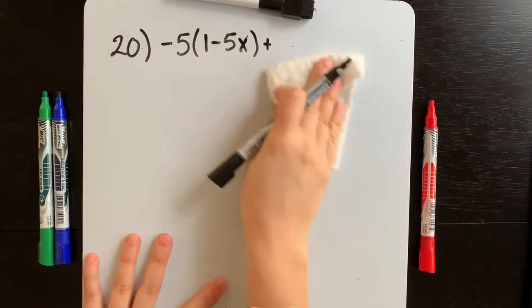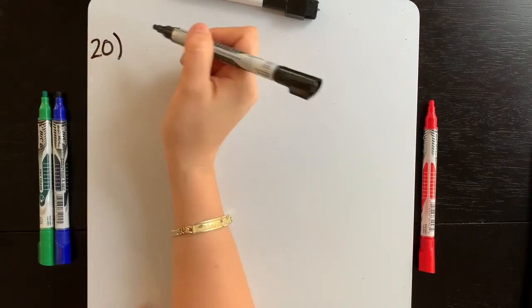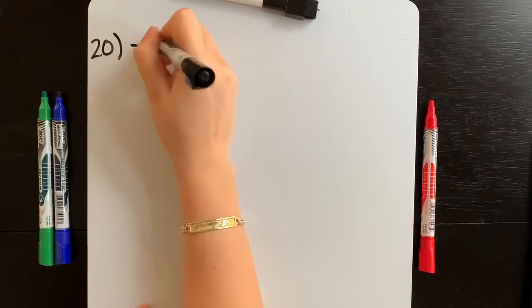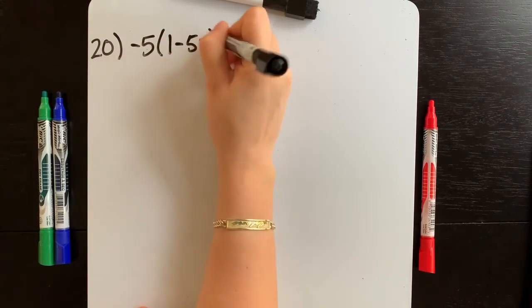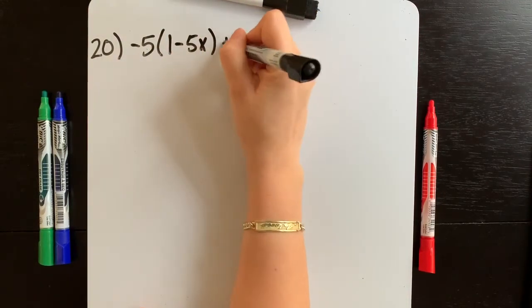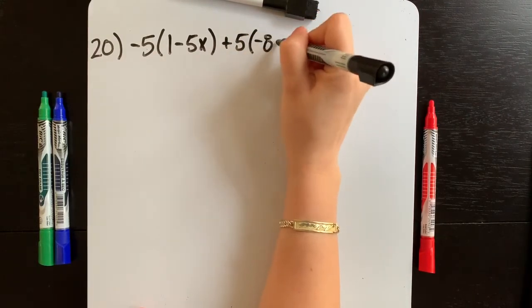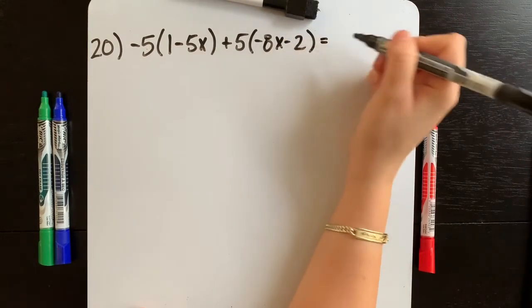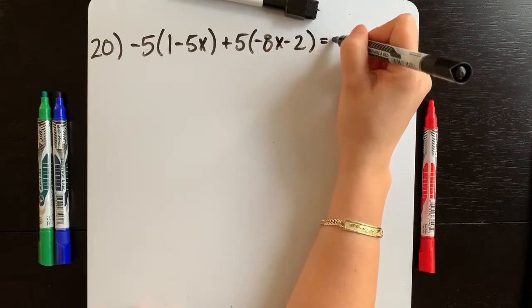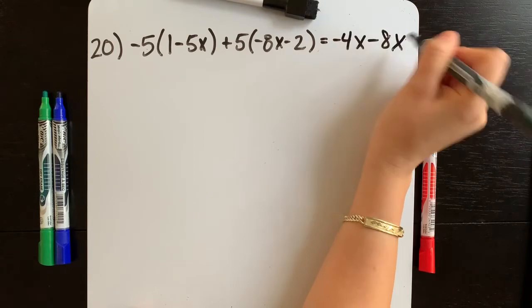Let me rewrite this. Okay, so -5 parentheses 1 minus 5x plus 5 parentheses -8x minus 2 equals -4x minus 8x.